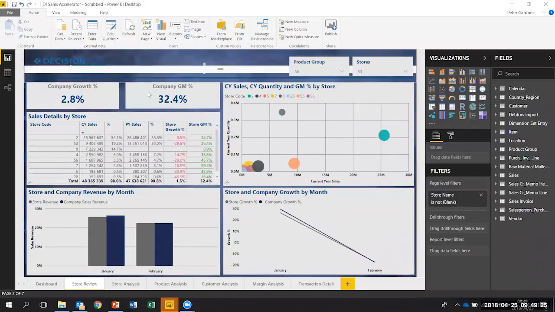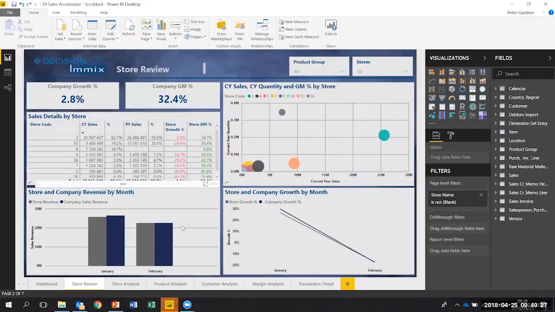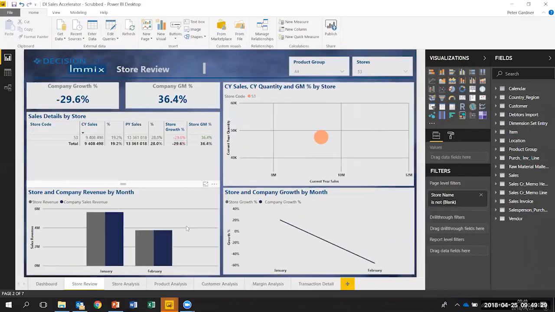All right, so what we're seeing here, see, so this is what I was talking about. Because we've plugged this directly into Navision and we've done all the transformation and the measure creations within Power BI itself, what I've done for this model is I've obviously gone through and removed all the customer names, the product names, the store names from the model, so to use it as a demo model.